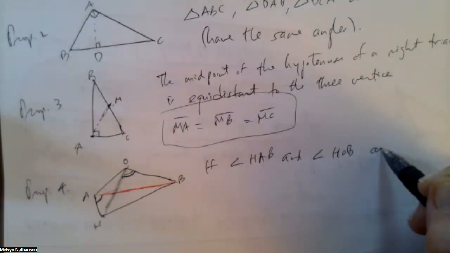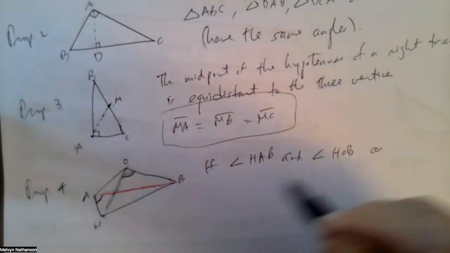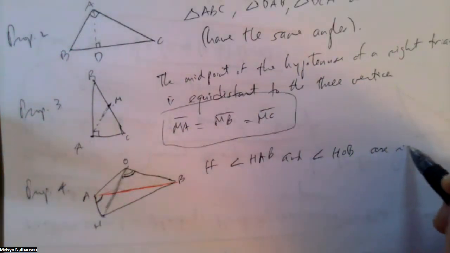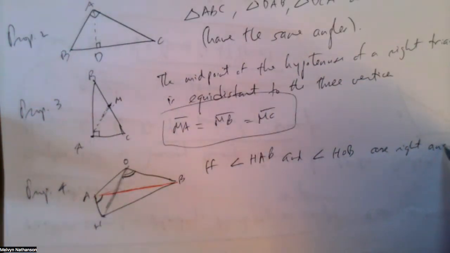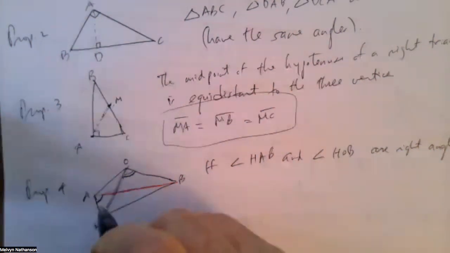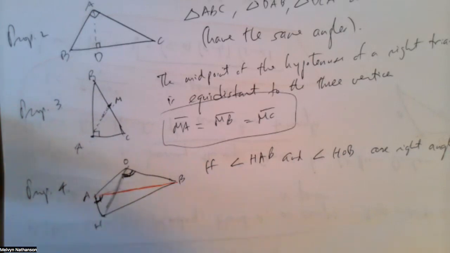Sorry. Yeah, that's right. If these are right angles, so if it turns out that these are right angles, then you can inscribe a circle around the quadrilateral.